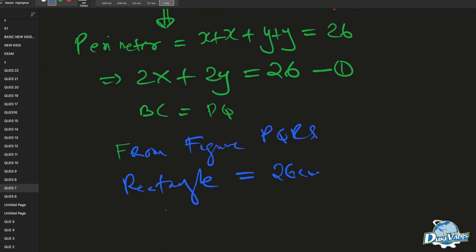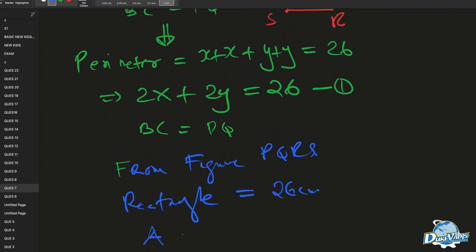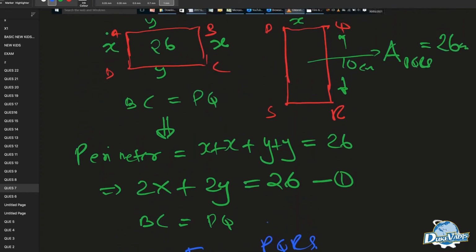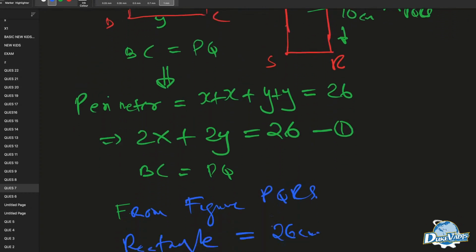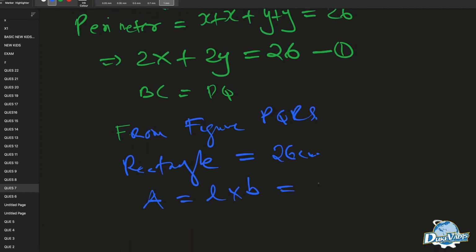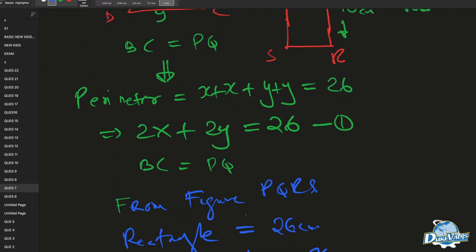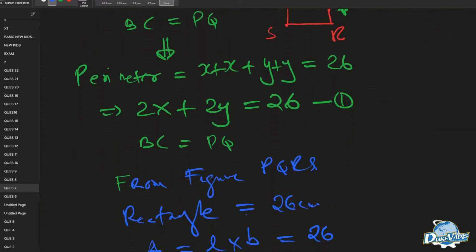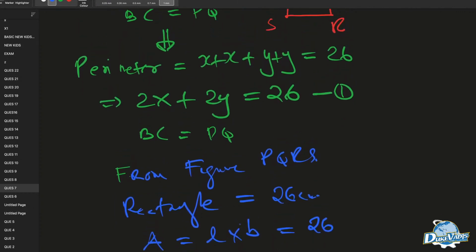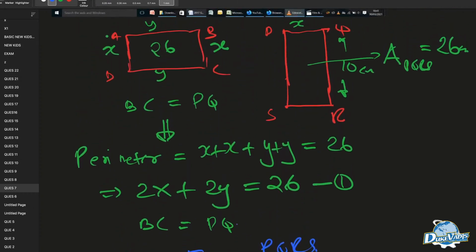To find the area of a rectangle, we all know it is length times breadth. Over here we know one side to be 10, and we don't know the x.